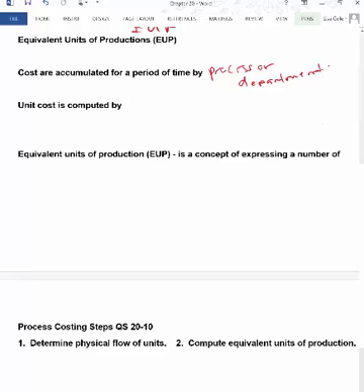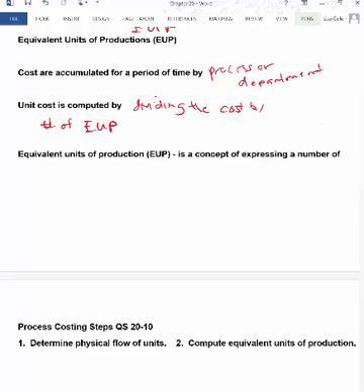Then the unit cost is computed by dividing those accumulated costs by the number of equivalent units of production for a period. I know I'm still kind of talking Greek, but we're going to go over a problem shortly, and it will definitely make sense to you.